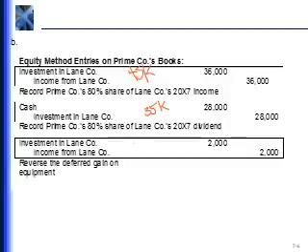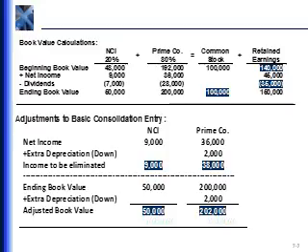And then we had a downstream sale of equipment, and we are realizing the gain on that at $2,000 a year. Because it's downstream, the parent gets 100% of that, so debit investment account, credit income from the subsidiary.